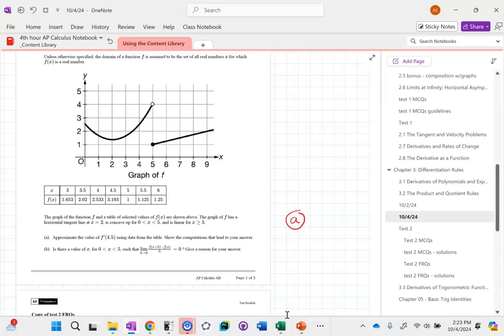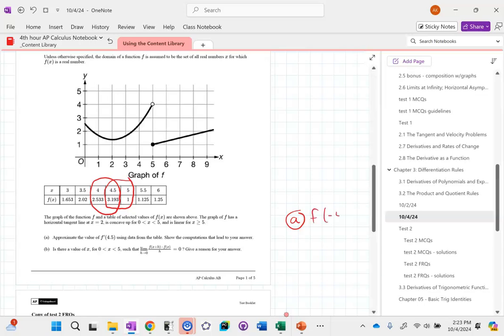So to approximate at 4.5, I'm going to be using slopes, right? I think the natural thing to do would be taking the average of the slope from 4 to 4.5 with the slope from 4.5 to 5. Feels good?